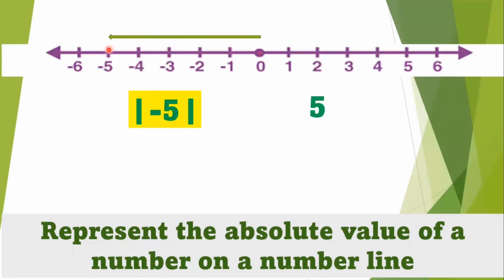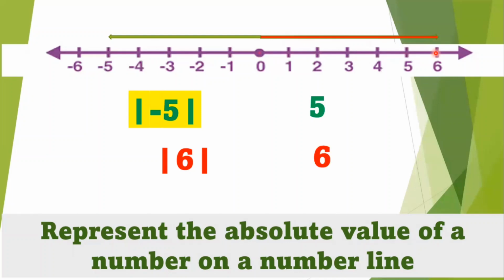Natural number 5. Next, let's have positive 6. Let us represent this in a number line. Ayan. So, we have the red line here, papuntang 6. Let us count. 1, 2, 3, 4, 5, 6. So, nag-stop siya dito sa ating 6. Then, mean to say that the absolute value of positive 6 is also 6.